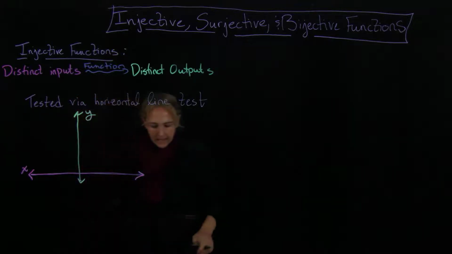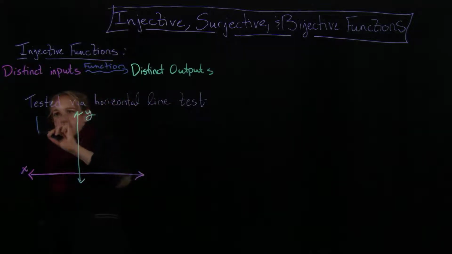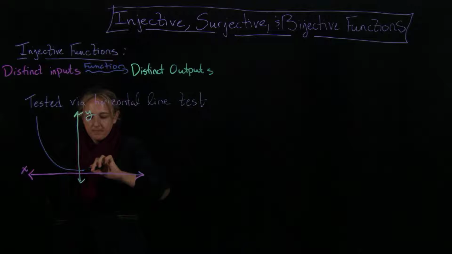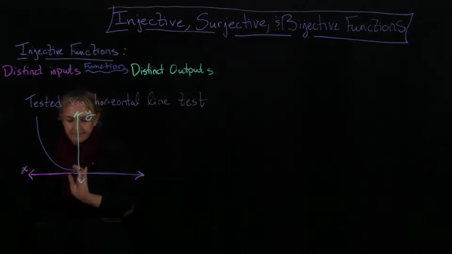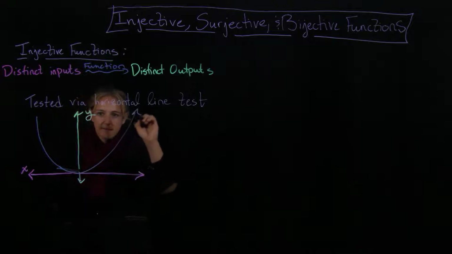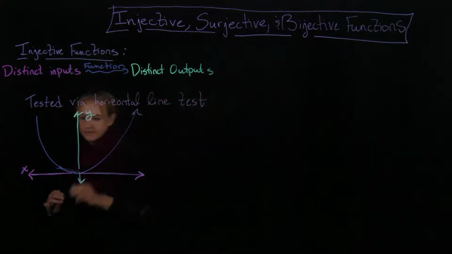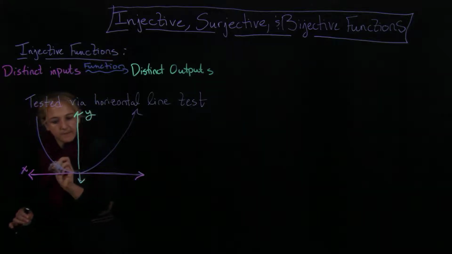We're going to look at the function y equals f of x equals x squared. We want it to go through there, just like that. I'm just going to clean that up a little bit so that it's clear what we've got going on.